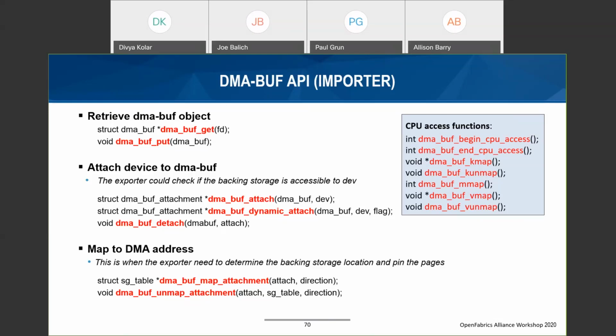There's also an option to be attached dynamically. That is for a different scenario. The other important function is DMA-Buf map attachment. This is the function to do the address translation. At this time, the exporter will determine where the buffer is located, and need to pin the pages and get a DMA address list.